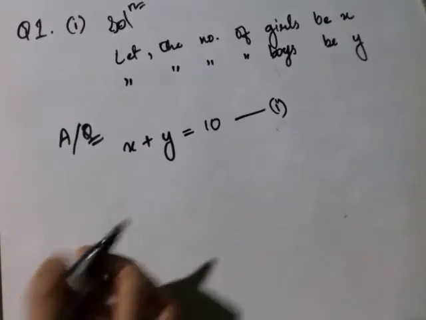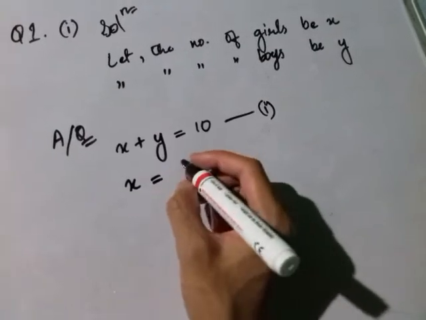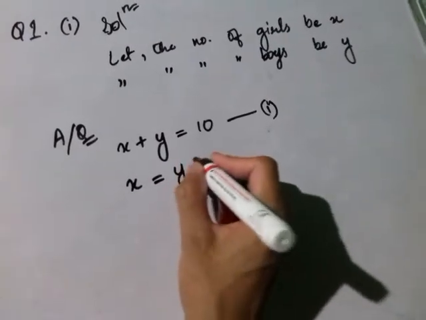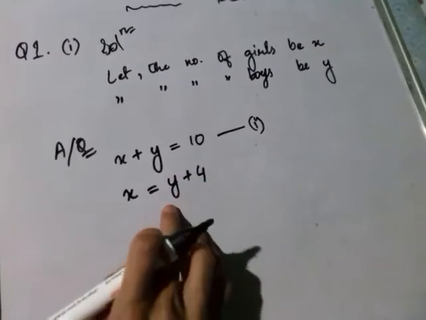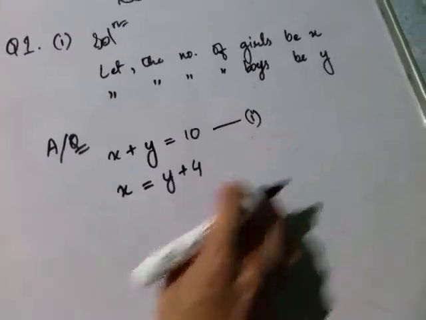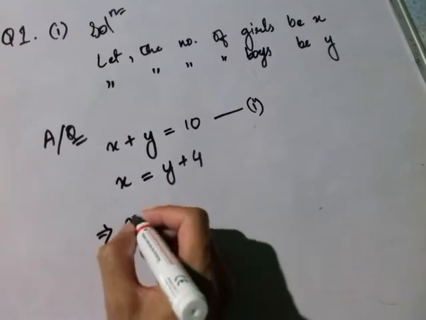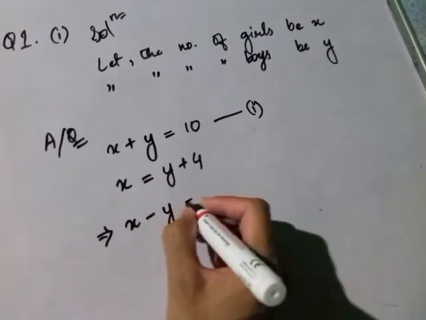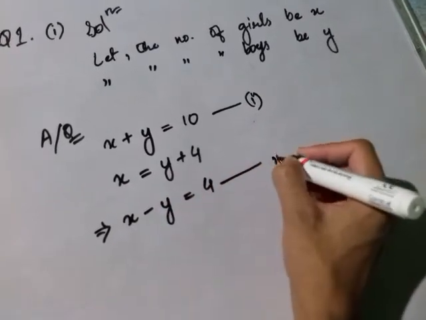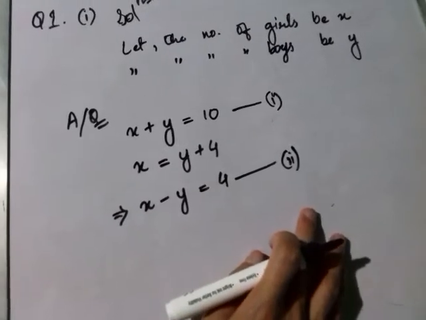So if the number of girls is 4 more than the number of boys, that means x equals y plus 4. But you won't write it directly as equation 2. You will put x minus y equals 4. This is equation number 2. So this is equation 1, and this is equation number 2.